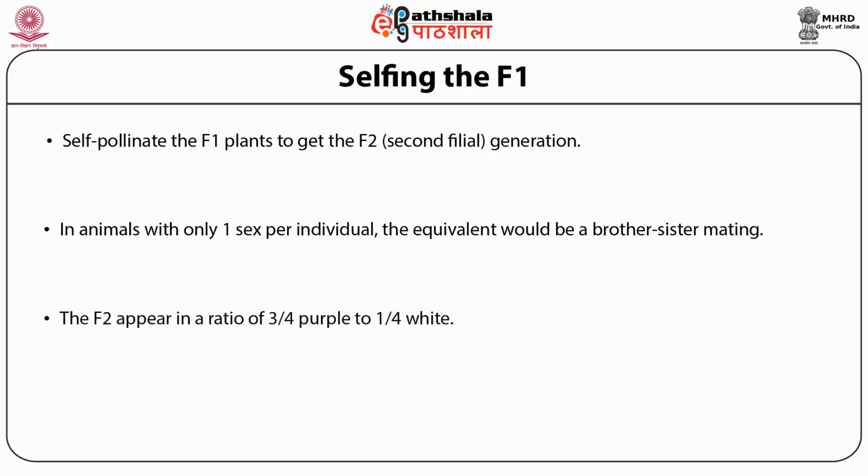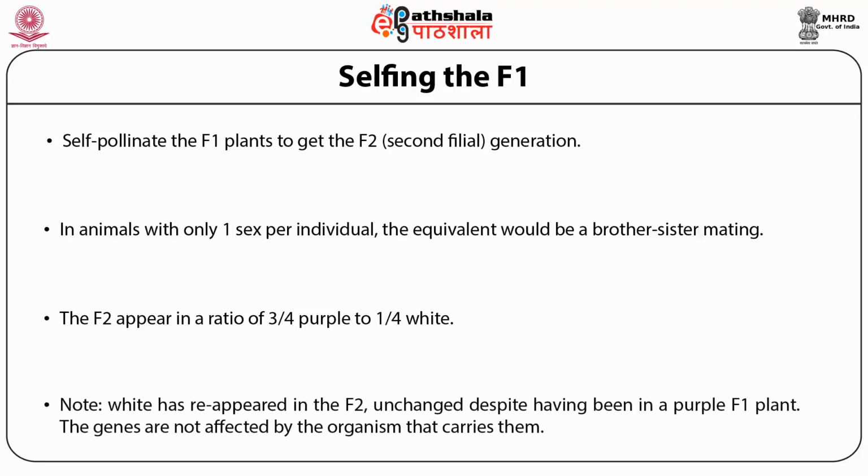The F2 appear in a ratio of 3/4 purple to 1/4 white. Note that white has reappeared in the F2 unchanged despite having been in a purple F1 plant. The genes are not affected by the organism that carries them.